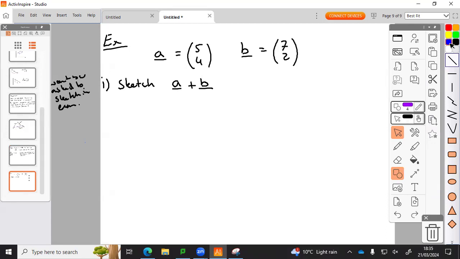So vector A, you don't have to know where it starts on a piece of graph paper. There's no real fixed start point. But what it explains is something going along the x-axis horizontally by 5 and up 4.